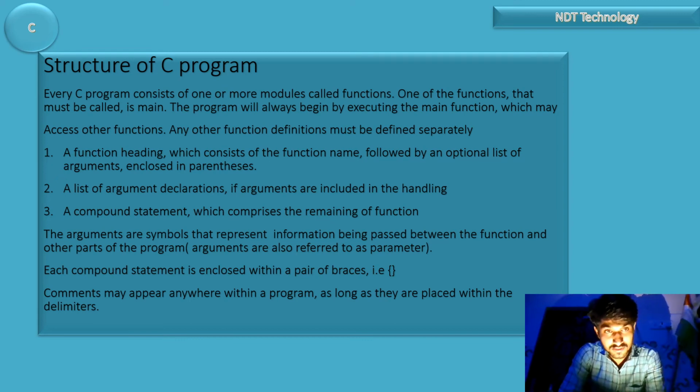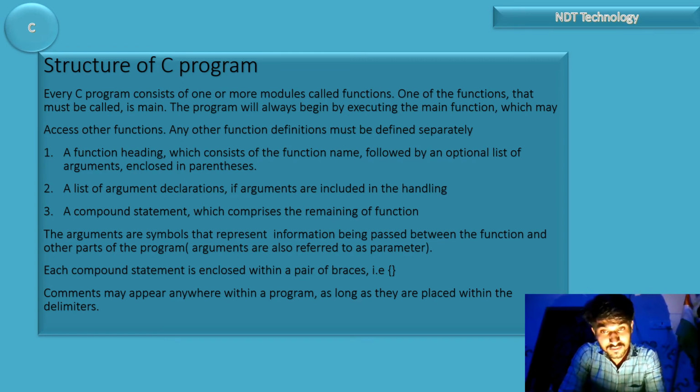First is a function heading, which consists of the function name followed by an optional list of arguments enclosed in parentheses. Then a list of argument declarations, if arguments are included in the heading.